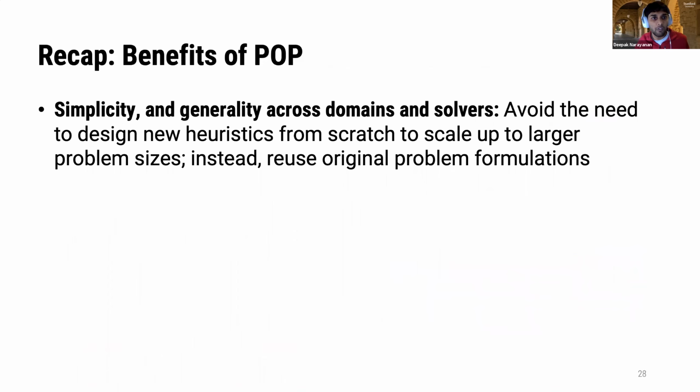To summarize, POP has many benefits that make it an attractive technique to accelerate resource allocation computation in computer systems. First, it's extremely simple and avoids the need to design new heuristics from scratch to scale up to larger problem sizes. Instead, the original problem formulations can be reused.